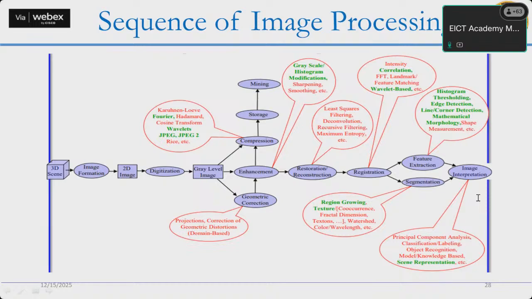After this course, we will be able to understand every word of it. So what do you understand in the diagram, the sequence of image processing? This is basically the raw diagram that you are seeing.